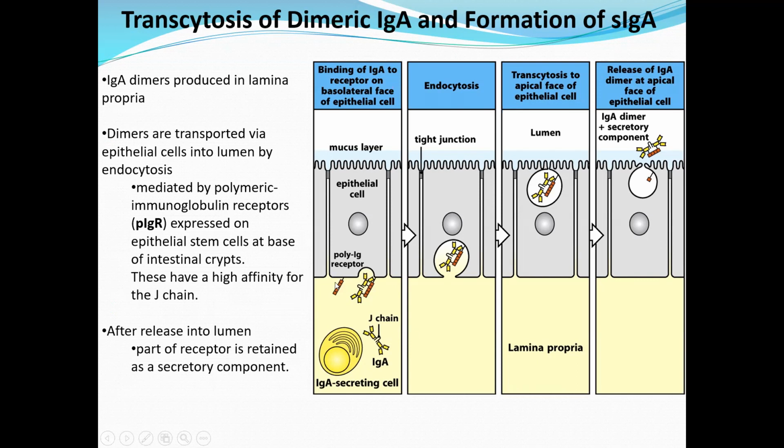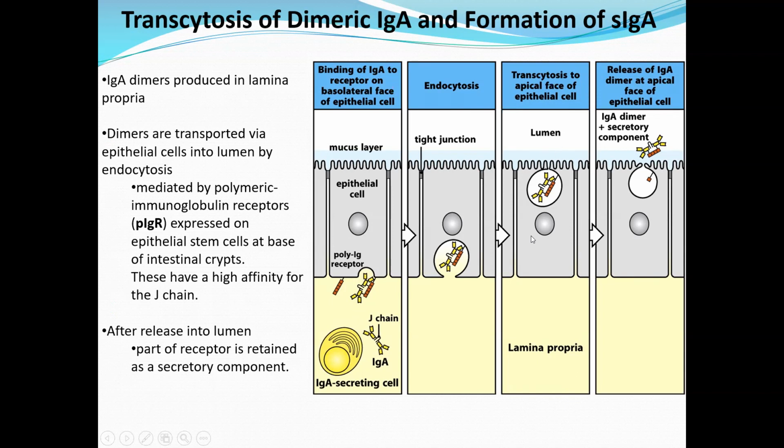So remember, you have the neonatal Fc receptor for IgG, you have the poly-Ig receptor for IgA. This poly-Ig receptor for IgA binds via this J chain and then passes the dimeric IgA into the luminal surface.